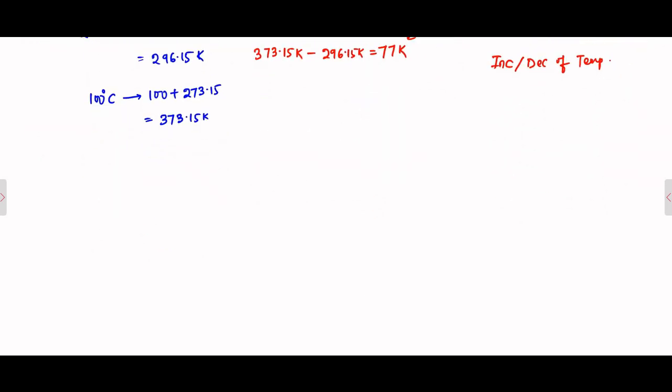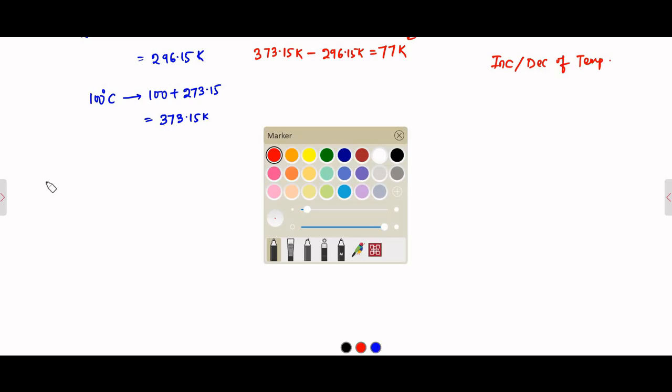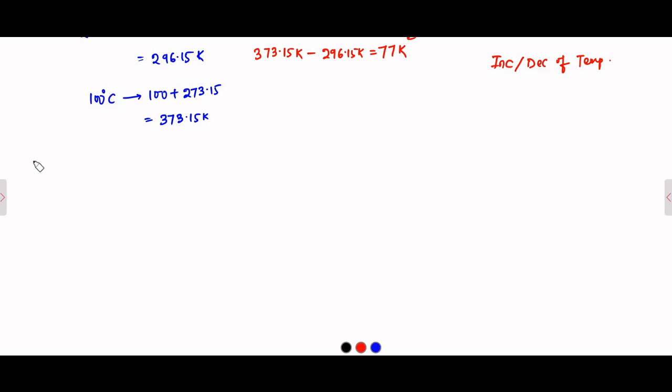Now for the copper calorimeter and water combination, the mass of water which is present is equal to 0.25 kg.